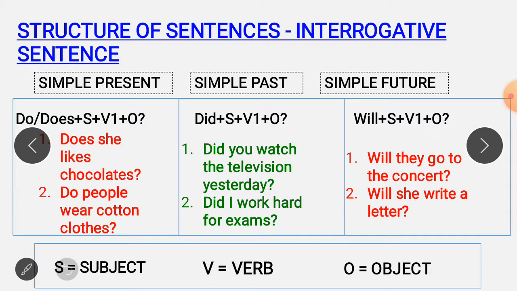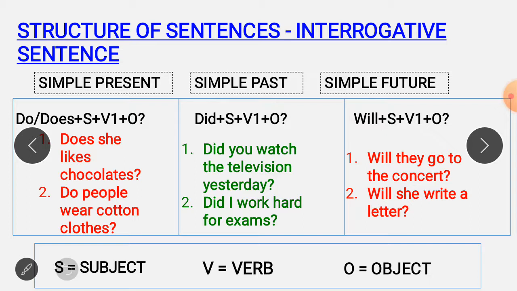We have the structure as do or does, depending upon whether the subject is plural or singular, or first person, second person, or third person, and then the subject with the verb, which should be in its base form, then the object, then the question mark.